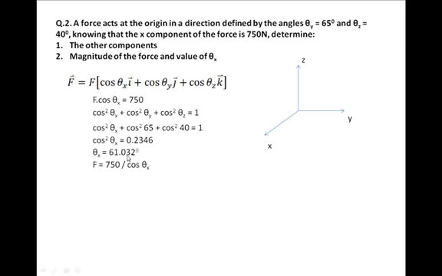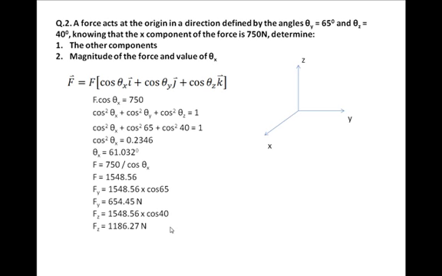Since we have found theta x, we can easily find F, and having found F, Fy is simply F into cos 65, and Fz is F into cos 40. So we have not only found the inclination of this force with the x-axis, but also its other components and the magnitude of this force.